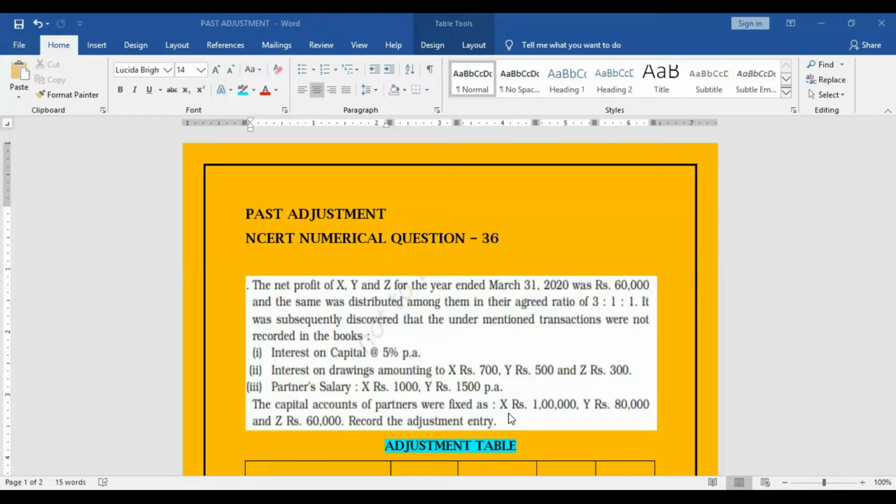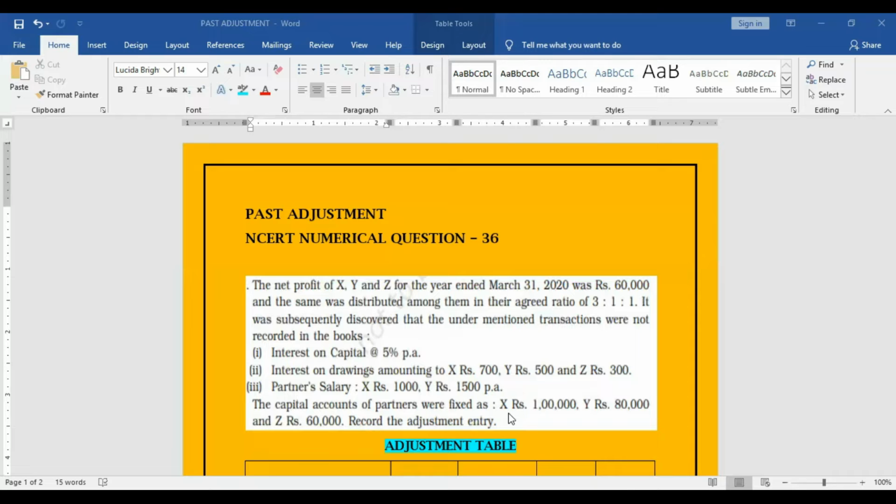Whenever we are making an adjustment entry, only one journal entry will be passed. A single adjustment journal entry will be passed in order to rectify these mistakes. There are three transactions omitted.